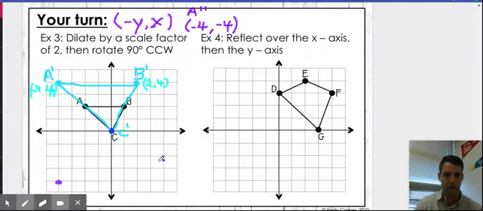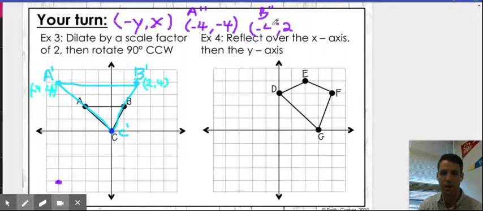And B double prime is going to end up being taking 2, 4 and applying this algebraic rule. So that means our x is going to move to the back, so we have a 2 in the back of our point, and then our y of 4 is going to move to the front and become negative.